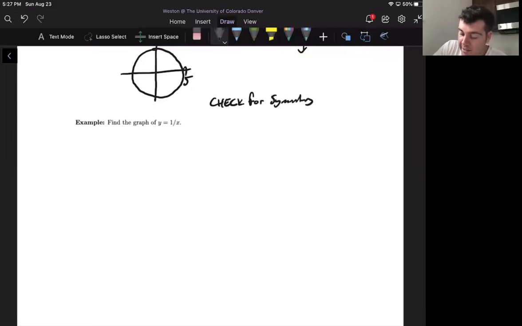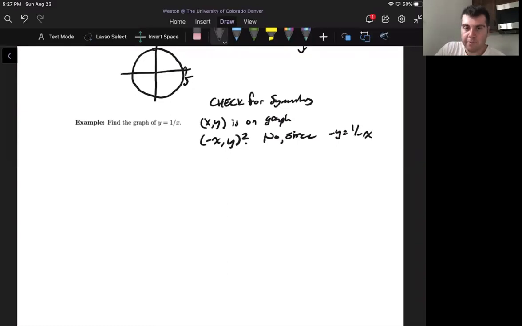So we say that x, y is on the graph. Negative x comma y? No, since negative y equals 1 over negative x. So therefore, plugging in negative x would give us negative y and not actually y.